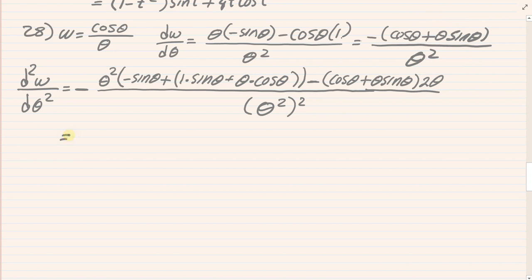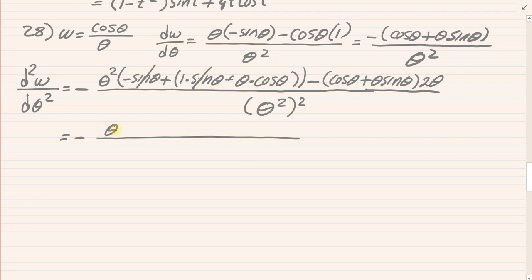Okay, now let's work this one. We have a couple of opposites. These two, sine theta and negative sine theta, add to 0. That's good. They cross out. And then I'm going to distribute theta squared in the numerator. Here's a minus still. I'm going to distribute theta squared to theta cosine theta.